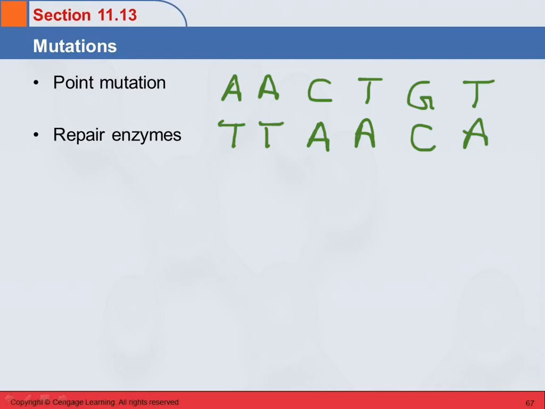The other kind of mutation that you can have, which I can't remember the name of right now, that's really sad. And it won't be on the exam, but I just want to tell you about it. Another problem you can have is where you lose an entire base. So maybe that one got lost. And so then what you end up with is TTACA.